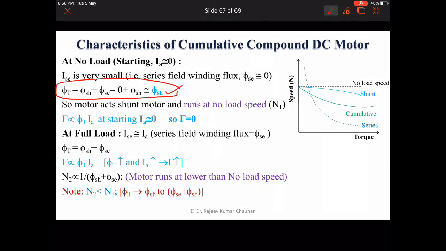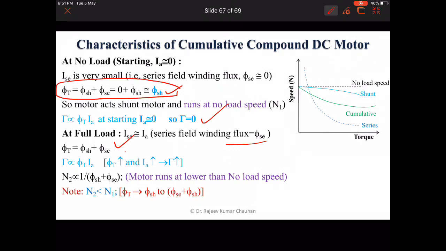We know tau is proportional to phi t into IA. At starting IA is 0, so the torque will be very less, approximately 0. At full load, ISE is equal to IA and there is the flux phi SE, so the total flux will be phi SH plus phi SE. As we know, tau is proportional to phi t into IA.